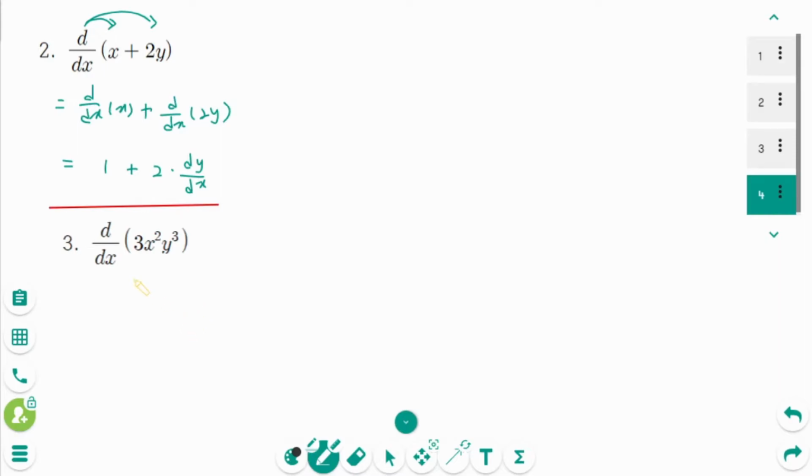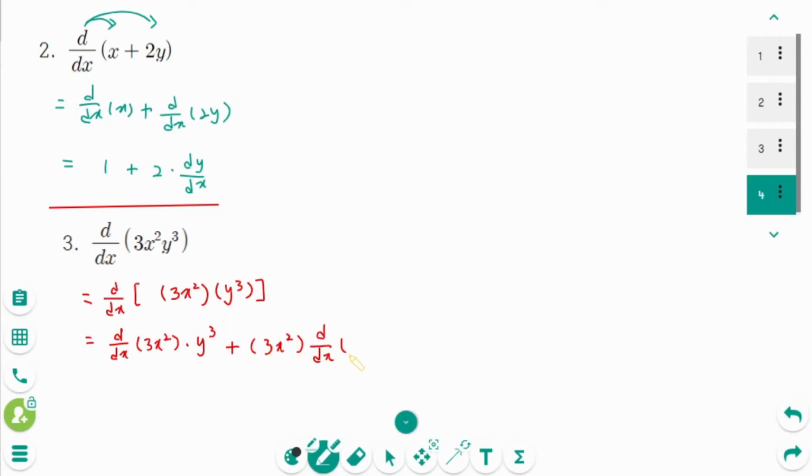Question 3, we can rewrite as d/dx of 3x squared times y cubed. Then use the product rule, d/dx of 3x squared times y cubed, plus 3x squared times d/dx of y cubed.